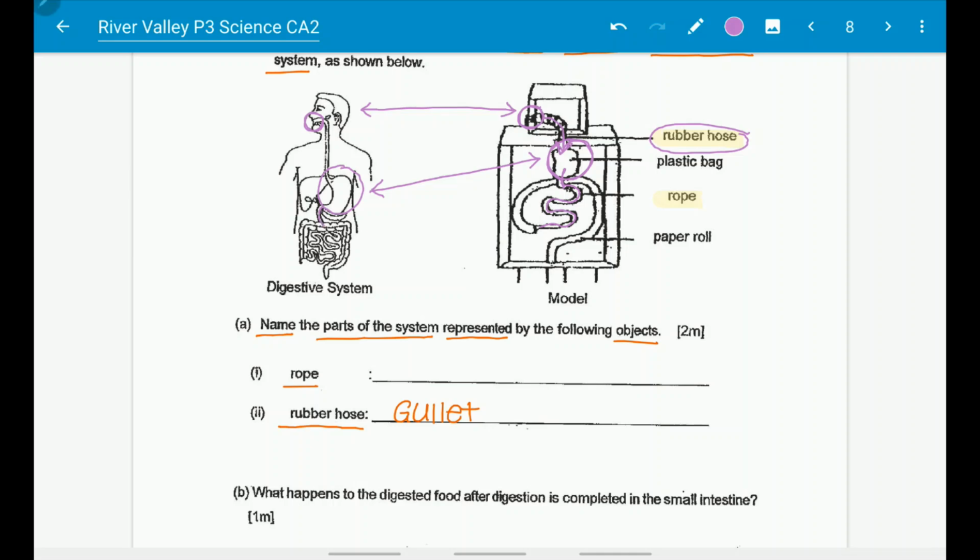It goes into the small intestine. So this would mean that the rope is representing the small intestine. How do we know that it's the small intestine and not the big intestine? Because Andrew used a paper roll, which is much thicker than the rope. So that would be the big intestine, not the rope.